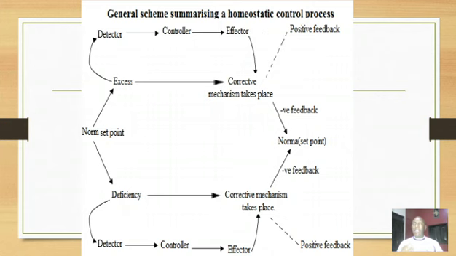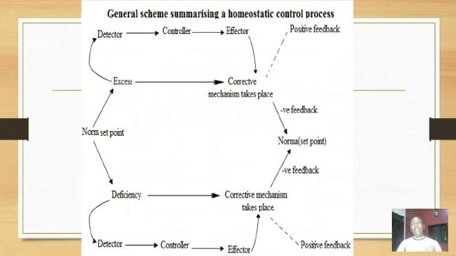After detecting, what does it do? It then informs the controller. The controller is the control center, or the coordinator, or the regulator, which we said in most cases, but not all, is the brain.